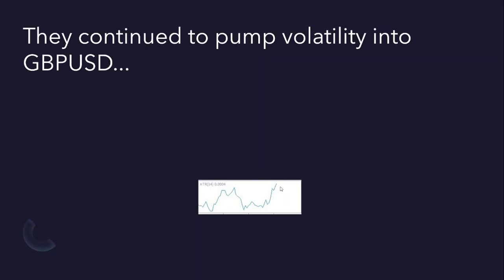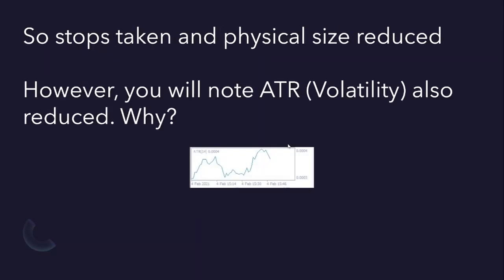So they took the stops, and they increased the volatility. I suppose you could say the fear. They pumped it up even more. Finally, the stops were taken and the SLC size reduced. However, you will note that the ATR volatility also reduced. Why?